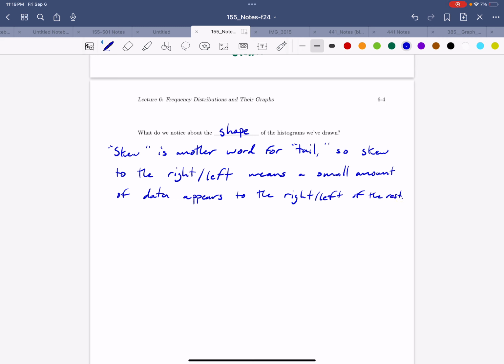And here's an example. I can define a term, but I think it's best if we just have an example.